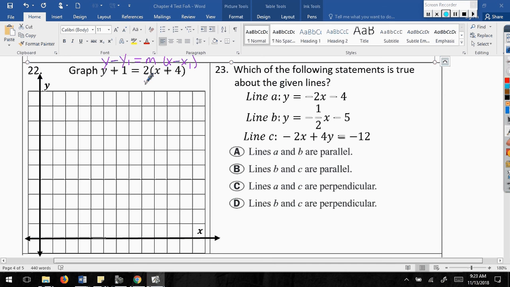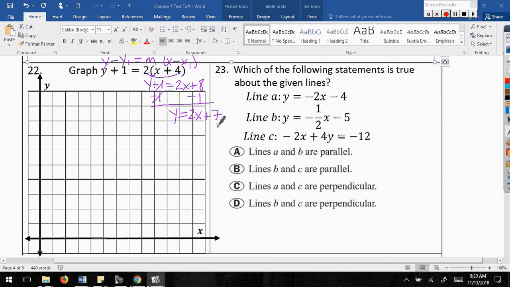But the easiest thing to do is probably going to be to change it over. If I distribute this 2, I get 2x plus 8. Get y by itself so that I have y equals 2x plus 7. And this is a little bit easier form to graph in.